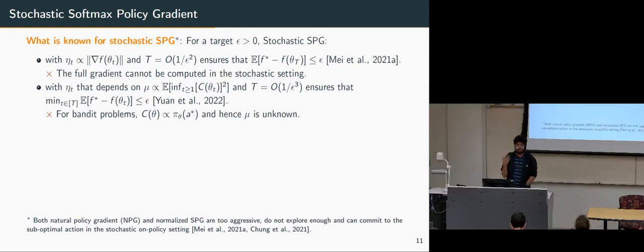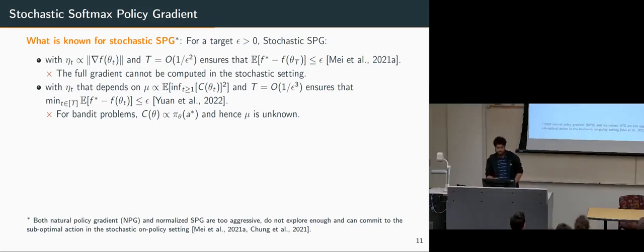So they will commit to a suboptimal action very quickly, and in fact, there is some non-zero probability of failure. Okay, so there are papers which say that either you are fast in converging in the exact setting and you fail, or you are slow, order 1 over epsilon, and then you will do the right thing by exploring enough, by pulling all the arms enough.